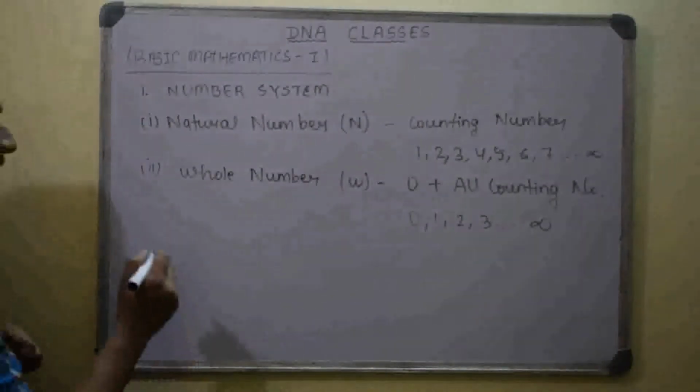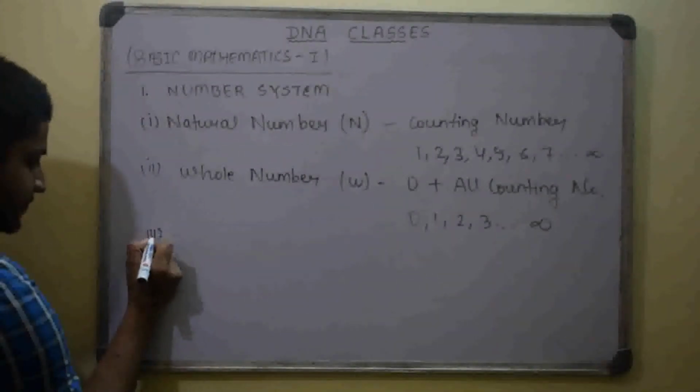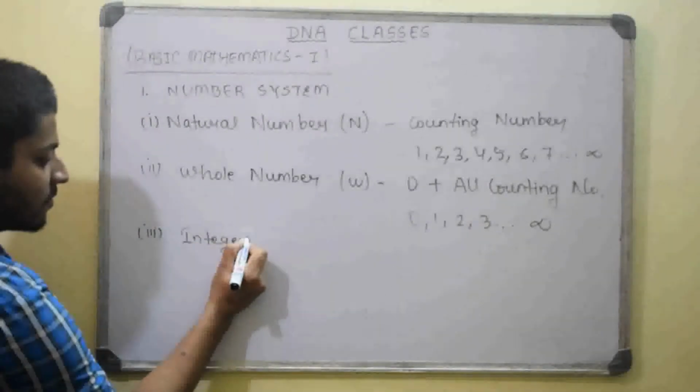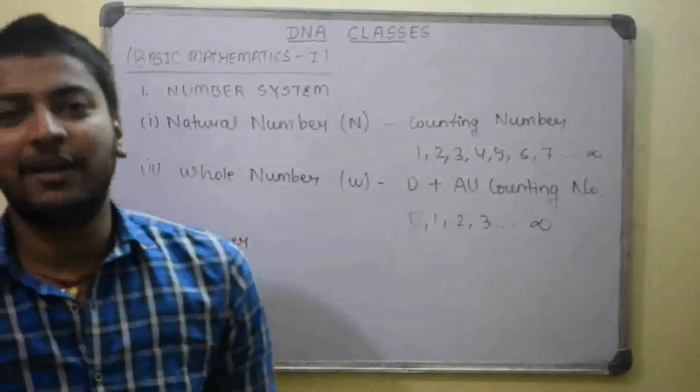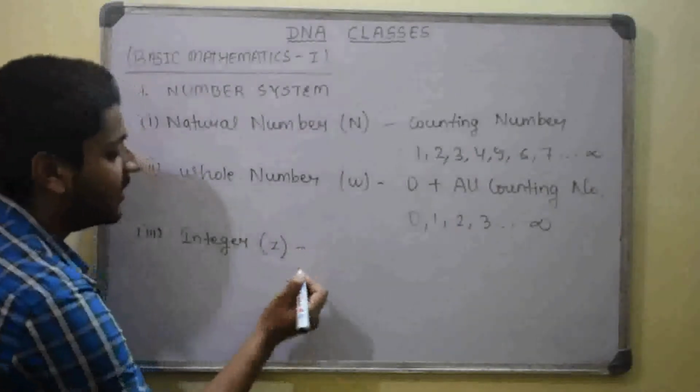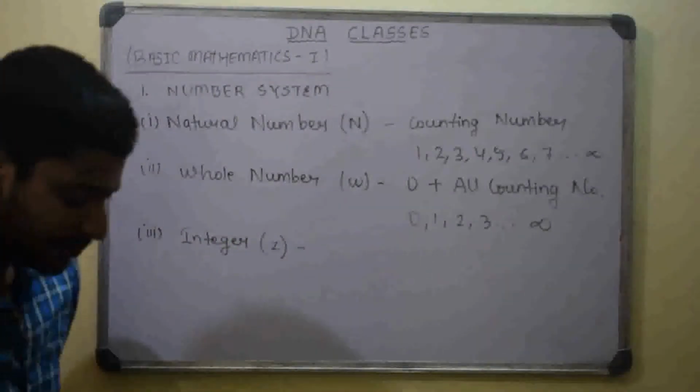Third part is integer. Integer is denoted by Z. So we will denote integer by Z. Now what is integer?